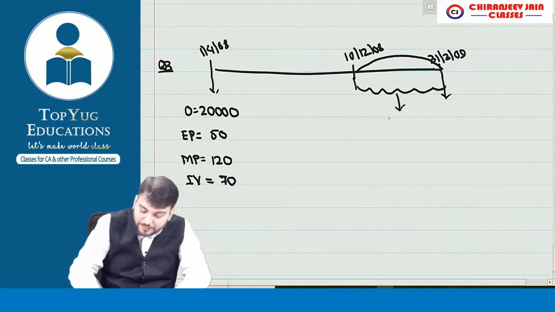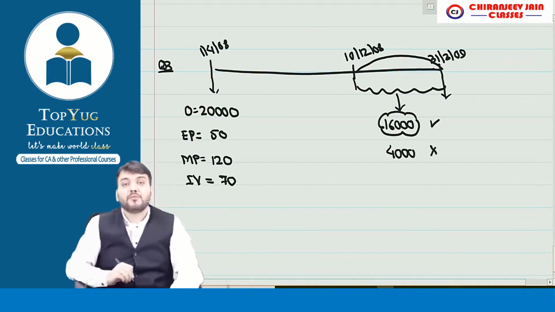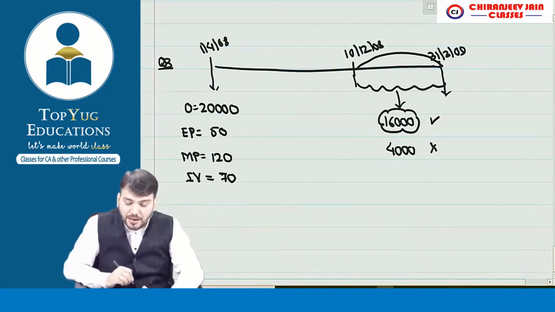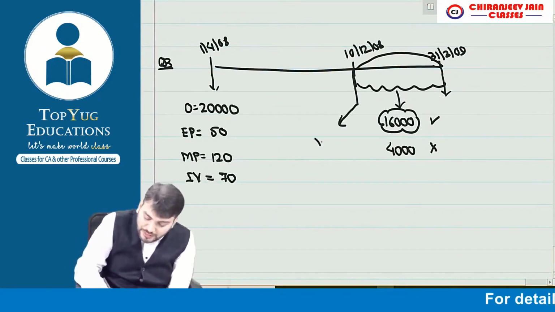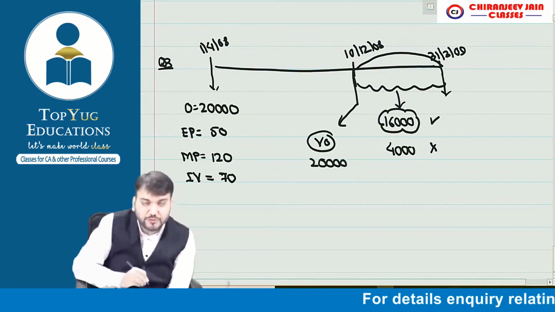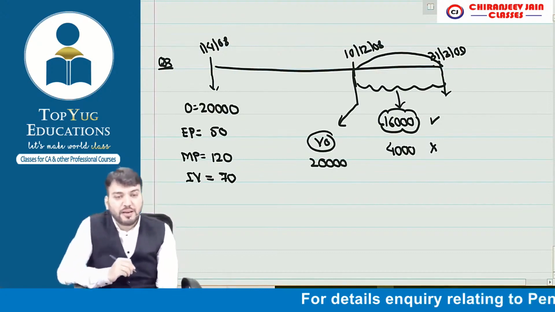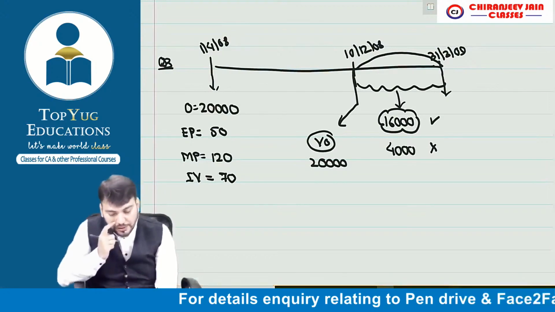So during this period, 16,000 options were exercised, which means 4,000 options were cancelled. Are you getting what I am saying? One thing is clear, that vested options were 20,000. Correct?